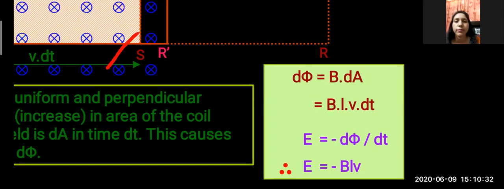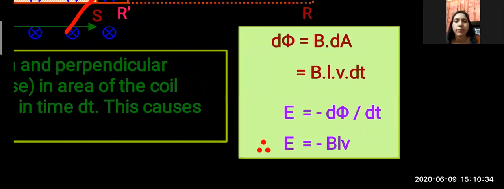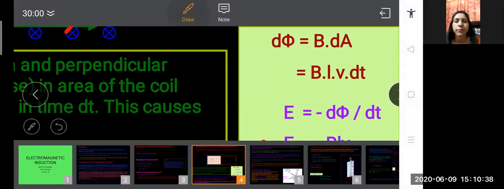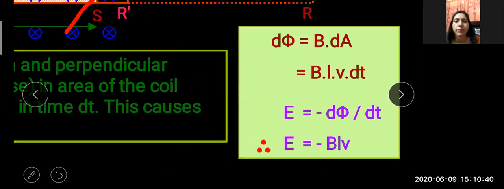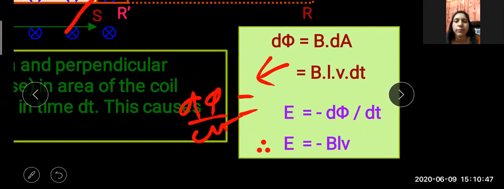From this equation, d phi over dt equal to BLV.